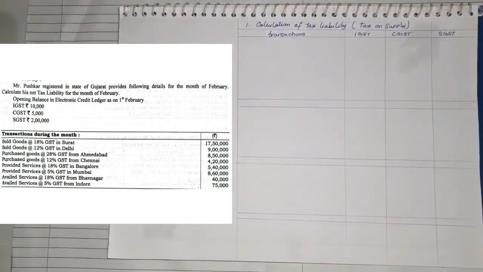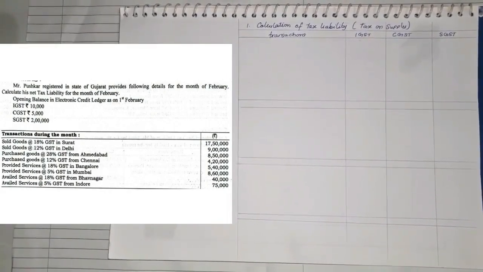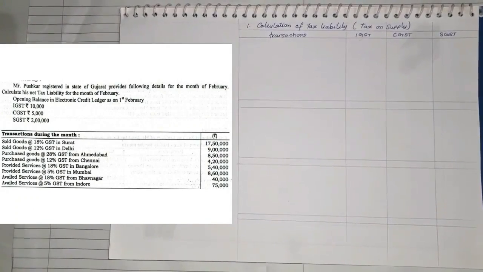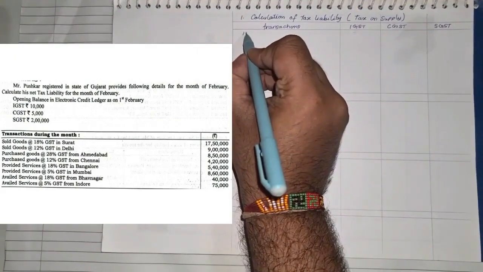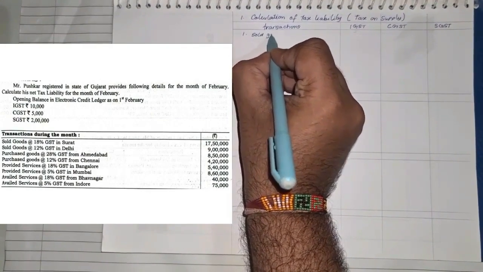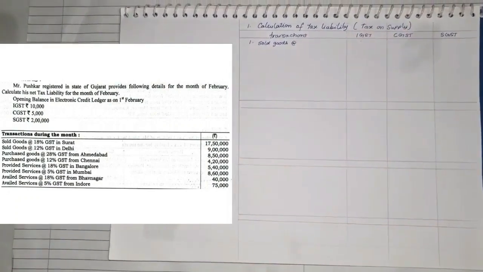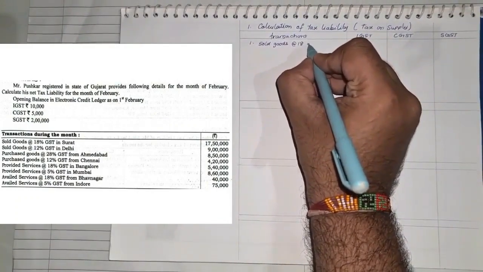Now we read the question, each transaction. The very first transaction is sold goods at 18% GST in Surat. Gujarat and Surat are the same state, so the tax will be split into SGST and CGST. Number one: sold goods at 18% in Surat.